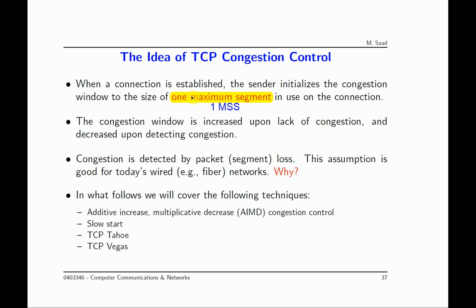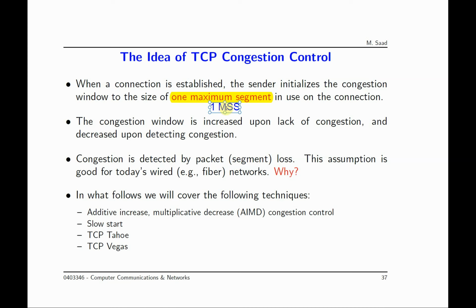So after these three steps, we have an established TCP connection between a sending host and the receiving host. Once we have this established TCP connection, the sending host can start sending data segments and the receiving host will start sending acknowledgement segments. Now, we have one parameter which is fixed for the TCP connection. It is called the one maximum segment size, one MSS in short. What is this one maximum segment size?